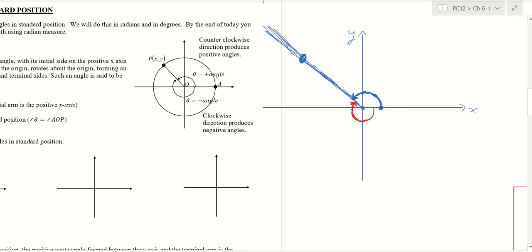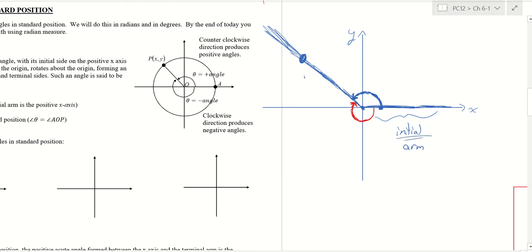And again, very, very important, notice that both of these angles in standard position start on the positive x-axis. If the ending arm is something that we call the terminal arm, the beginning arm is something we call the initial arm. The initial arm is the starting point for our angle.